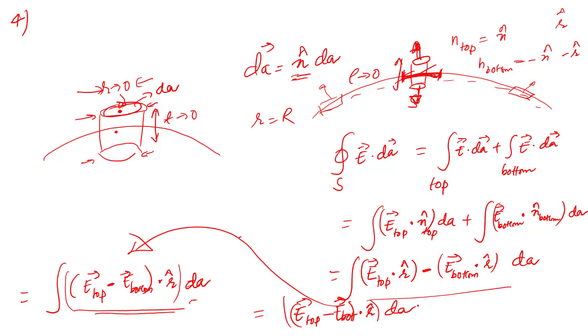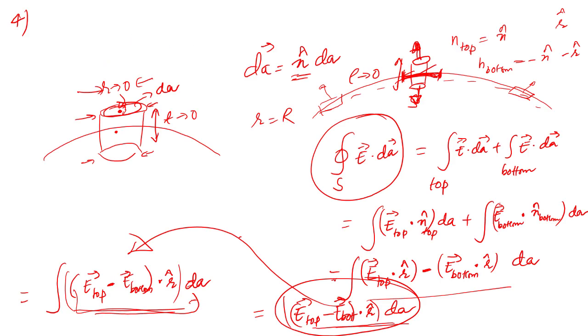So we're limiting the integration to a tiny area. The overall integral gives us E dot dA, that is the total flux. And we know from Gauss's law that the total flux, E dot dA, is equal to the total charge enclosed divided by epsilon naught.